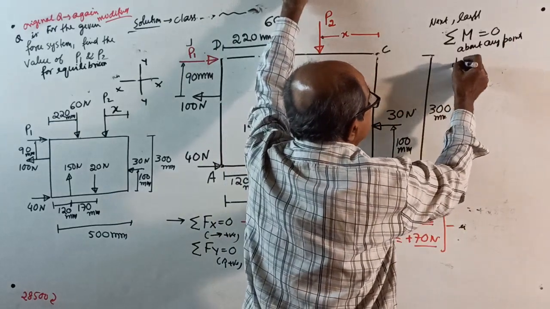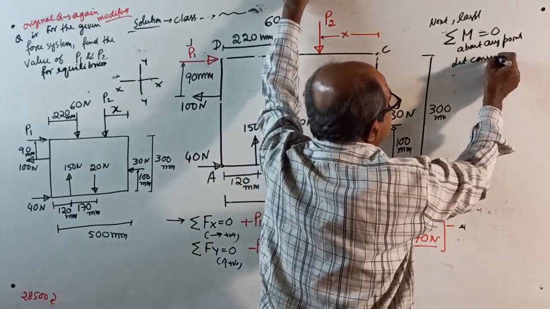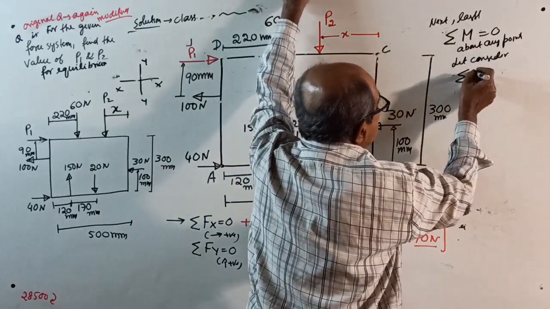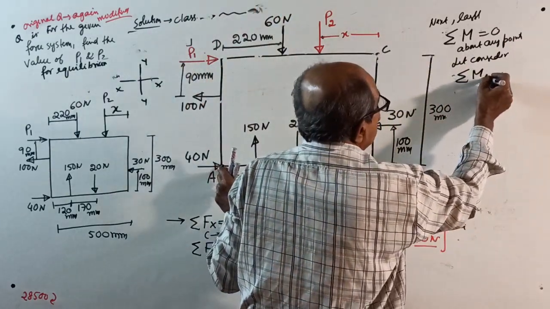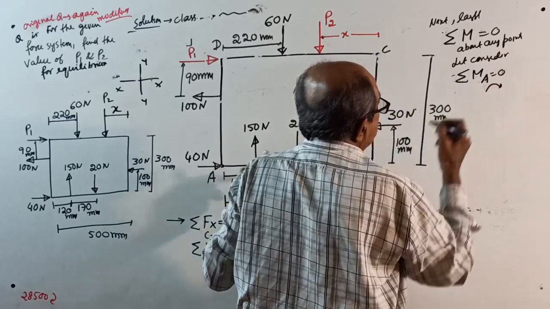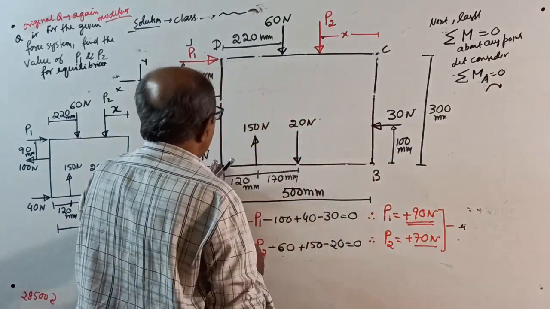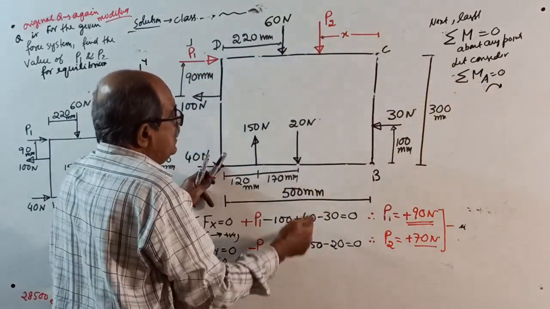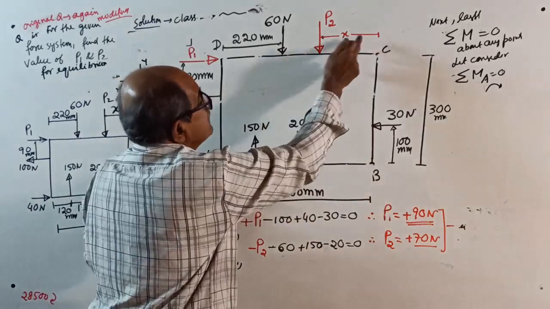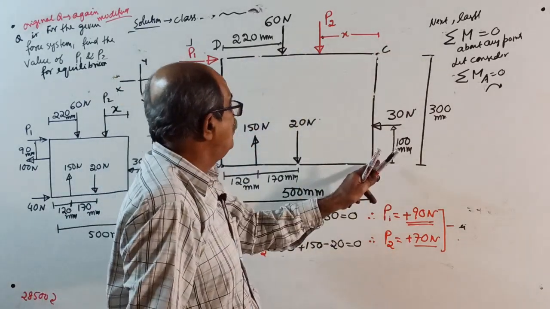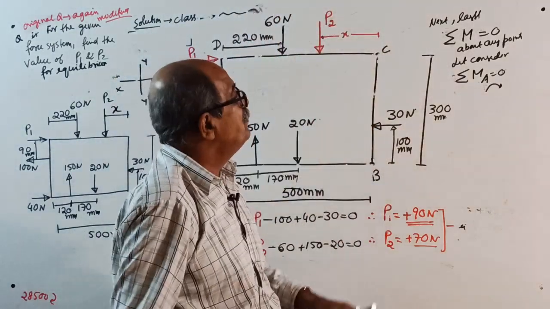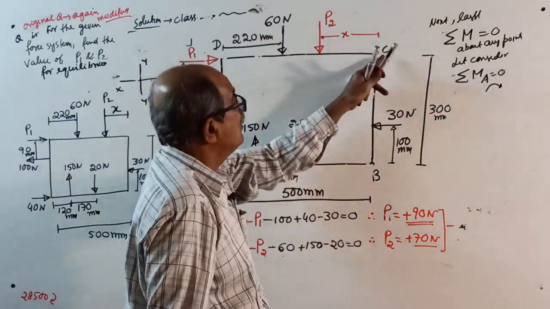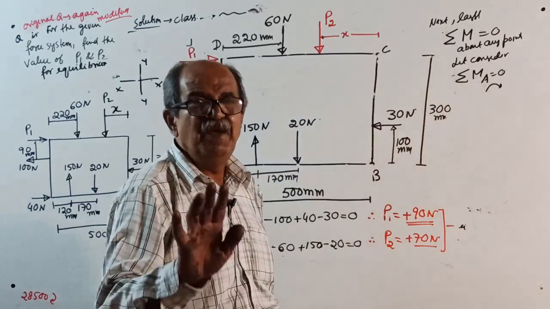Let us consider sigma M about A equal to 0. A will do. Take clockwise positive. If you take about A, P2 into (500 minus X) will come, but if you take moment about B or C, P2 into X will come. So B or C is better, but anyway, it hardly matters.